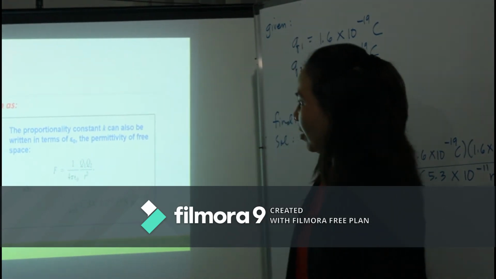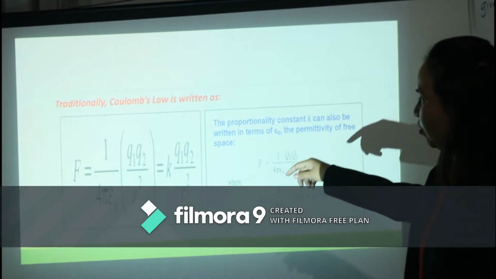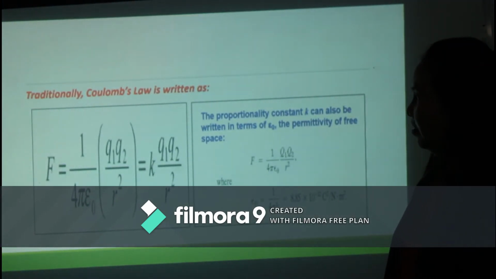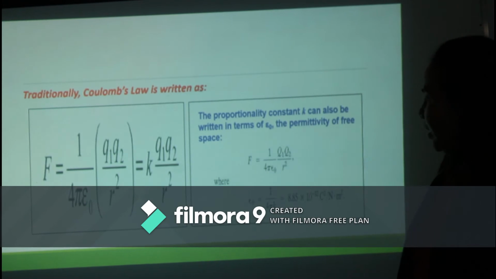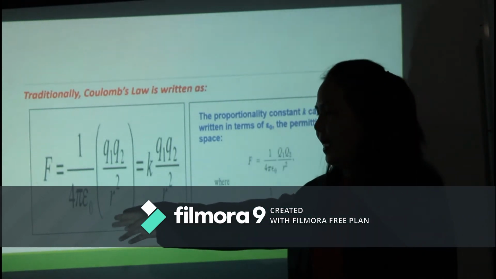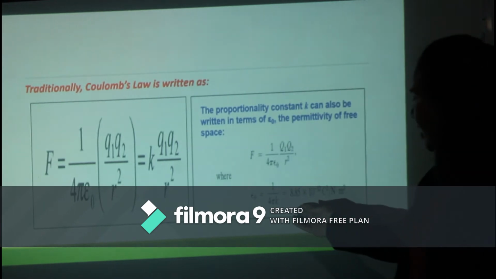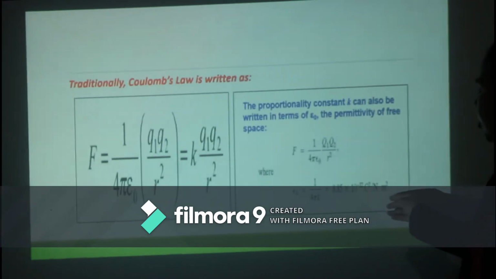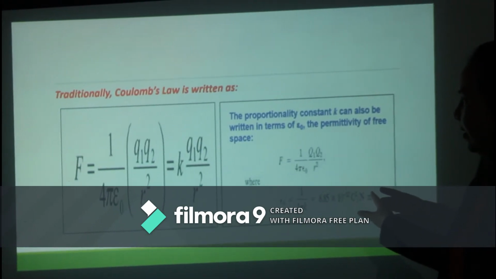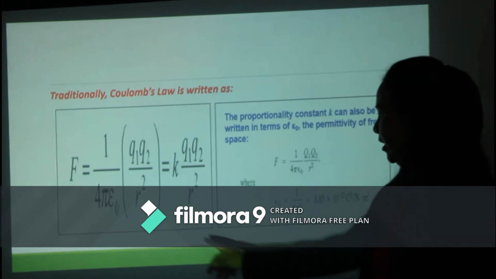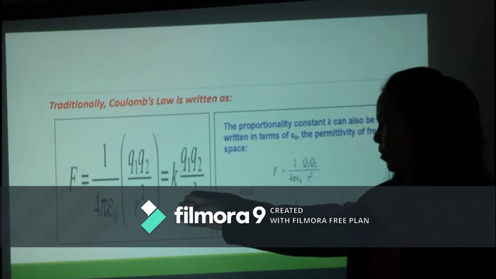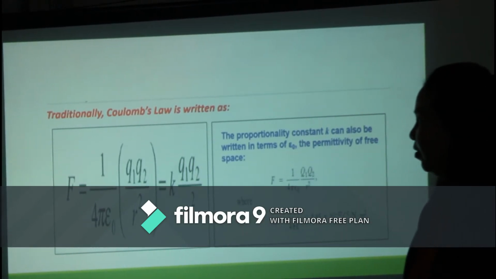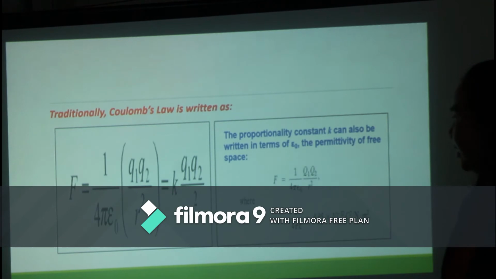Traditionally, Coulomb's law is written as F is equal to 1 over 4 pi epsilon naught Q sub 1 Q sub 2 over r squared. Now, if we are going to substitute the values of pi and epsilon naught, which is equivalent to 8.85 times 10 raised to negative 12 coulomb squared per Newton meter squared, we will come up with a value that's similar to the k, or our constant, which is equivalent to 9 times 10 raised to 9 Newton meter squared per coulomb squared.